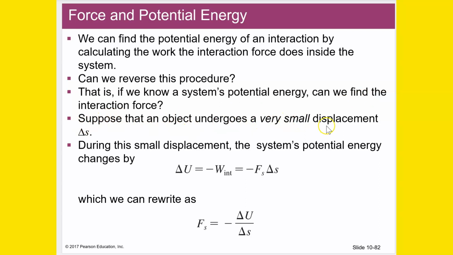Suppose that an object undergoes a very small displacement delta S. During this small displacement, the system's potential energy changes by delta U equals negative internal work, and the negative internal work equals the negative of the force times the distance, delta S, which we can rewrite, solving for F. So the force would be F equals negative delta U divided by delta S.